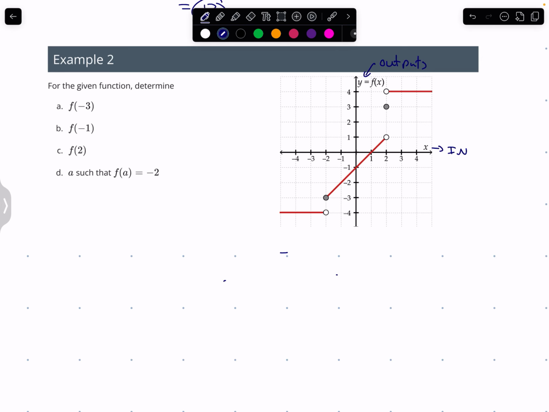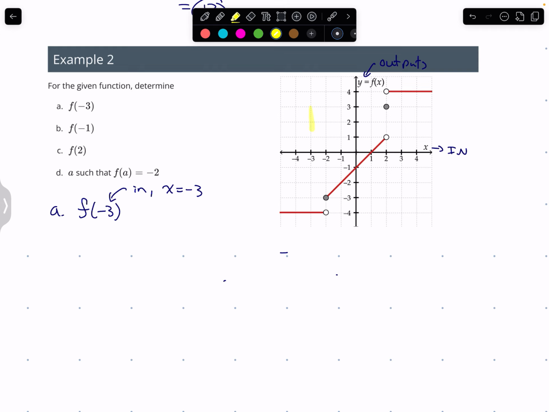So if I want to start here, I want the value of my function when I input -3. -3 is my input, so it means my x value here is -3. So what I do is I go over to my x-axis, I find x equals -3, which is here, and then I trace it to my graph, and I see what's my y value when I intersect the graph here.